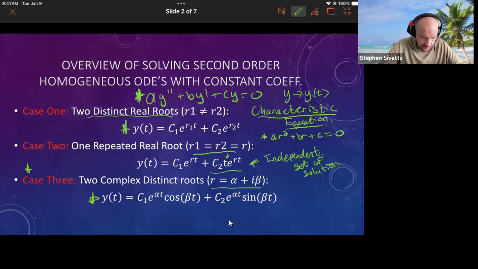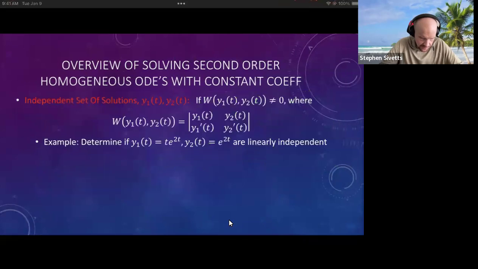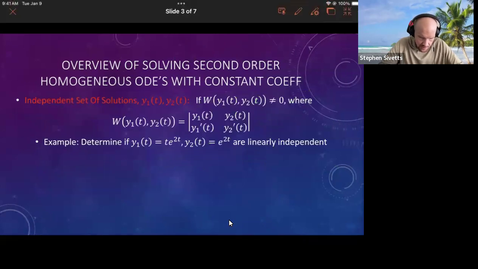One more thing I want to go over is the Wronskian. To show if two functions, y1 and y2 of t, are an independent set of solutions, you need to show that the determinant of this matrix is not 0.